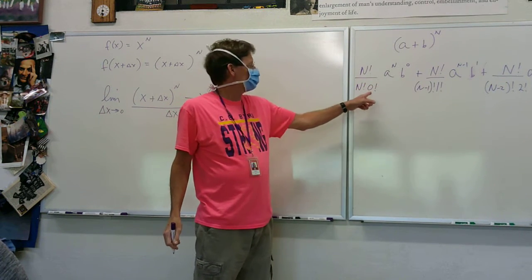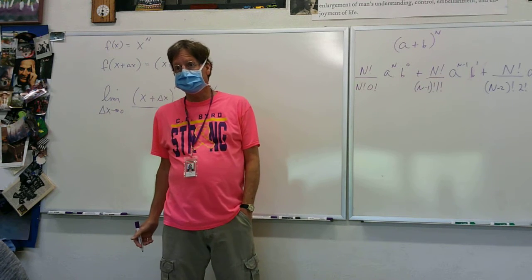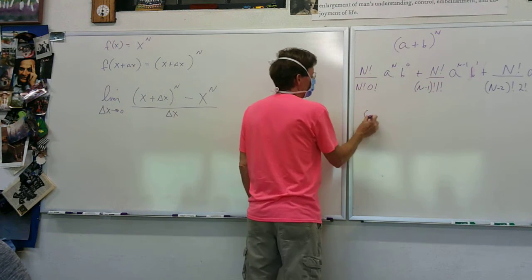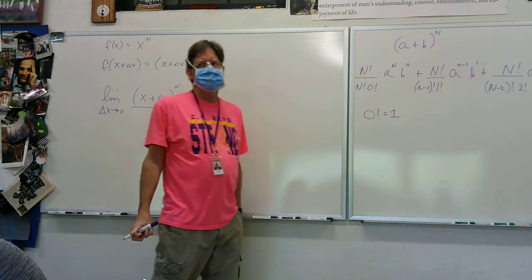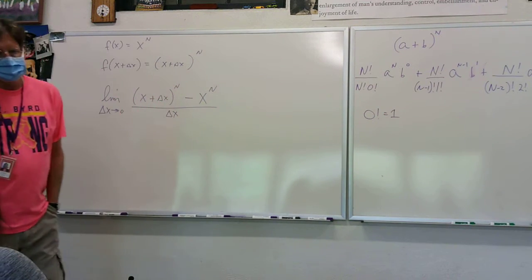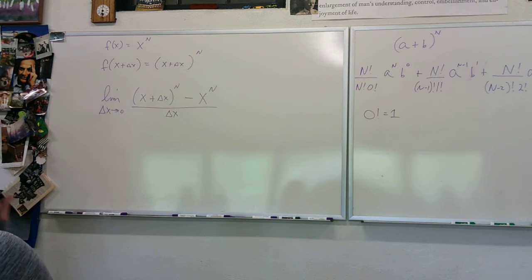And the thing you got to remember is 0 factorial equals 1, folks. 0 factorial equals 1. Okay? That's one of those little tricks of math. But that's a binomial expansion. And that's how you find the coefficients out front and everything.